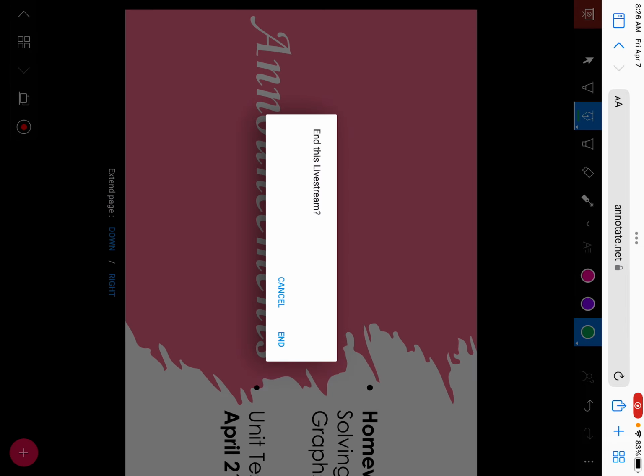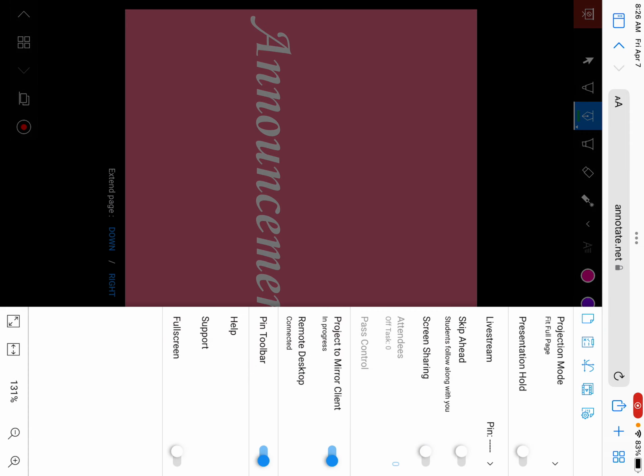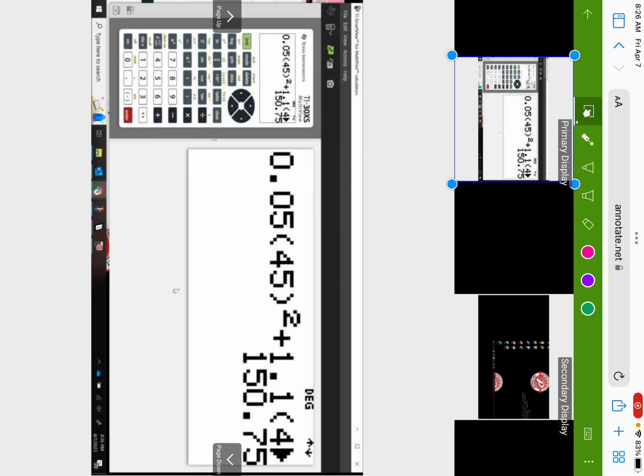Oh, I love when my screen does that. Cancel. Remote desktop. It froze my computer. Fantastic. It froze hard. The only thing I can do is interact with the calculator.